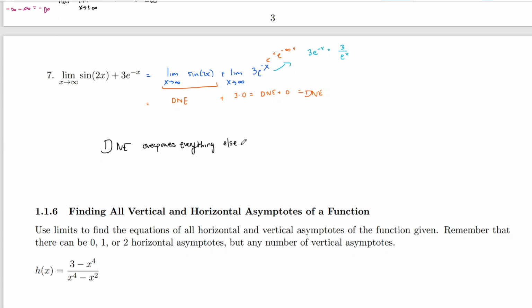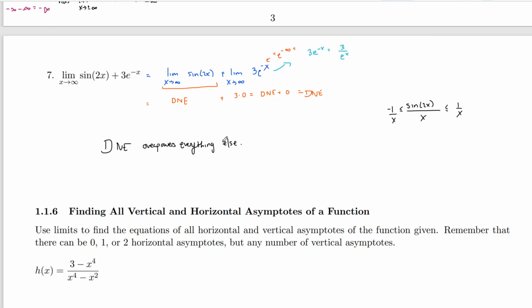Now, there are some exceptions to that. I'm only mentioning this, it's not going to be required to know, but if you did something like sine of x over x, or sine of 2x over x as x goes to infinity, because sine is between -1 and 1, then you would have the squeeze theorem set up, and the limit as this goes to infinity would be 0, and this would be 0, making this also 0.